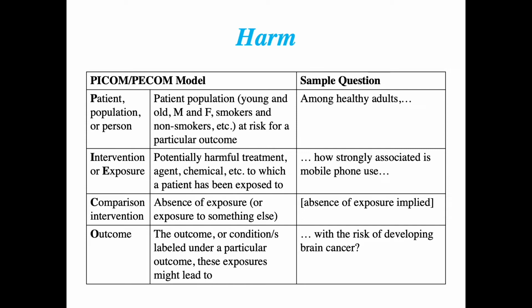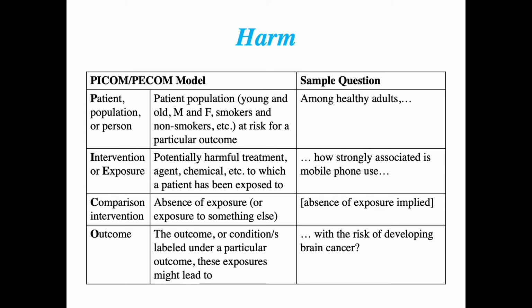So we have here an exposure, really, which is the use of cell phones or mobile phones. And we want to assess if this is harmful, in terms of whether patients who are frequently exposed to this would develop brain cancer down the line.